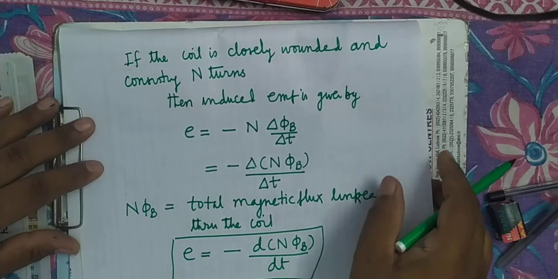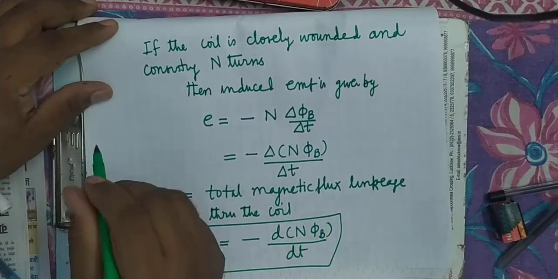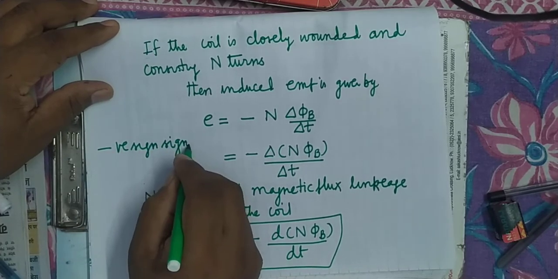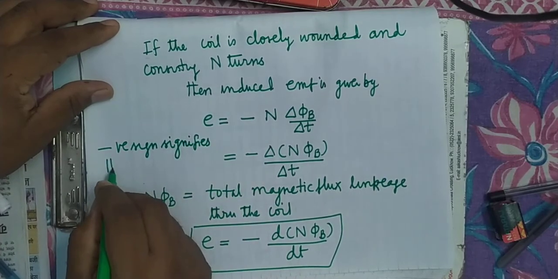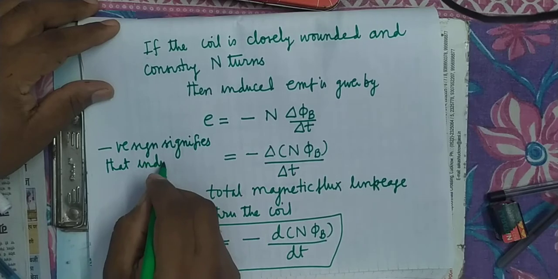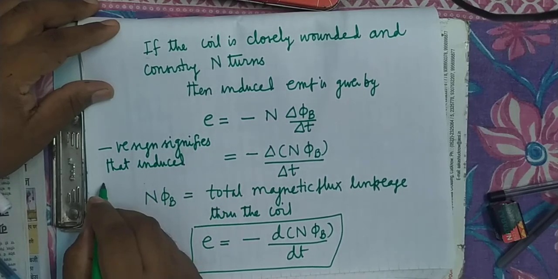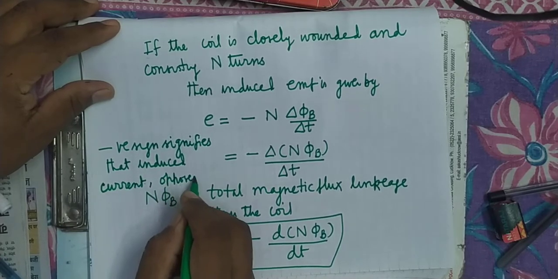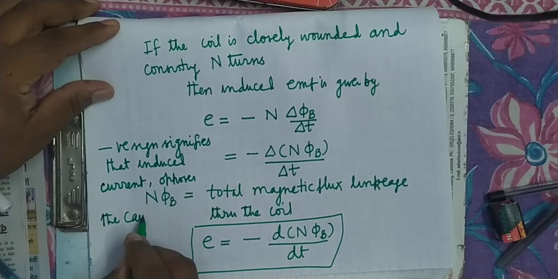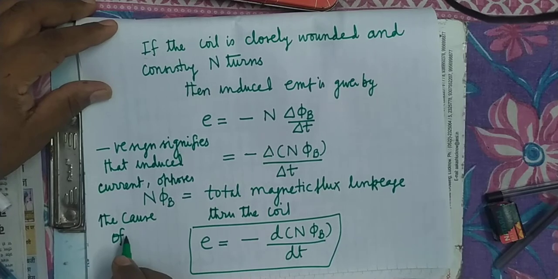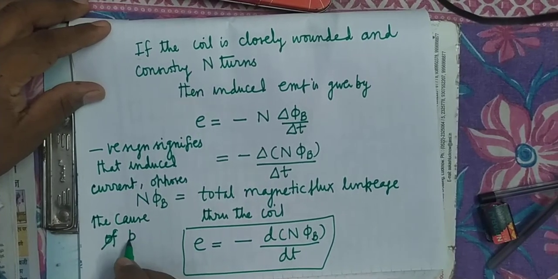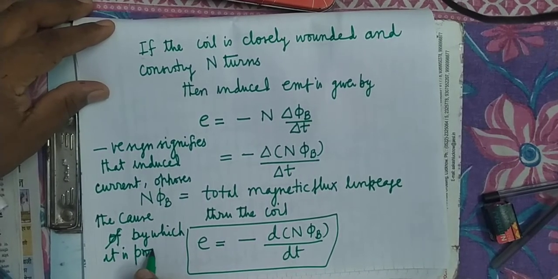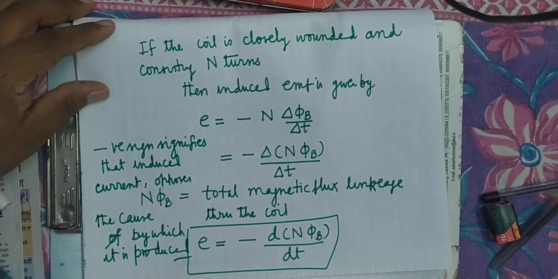So the negative sign signifies that induced EMF or current opposes the cause by which it is produced.